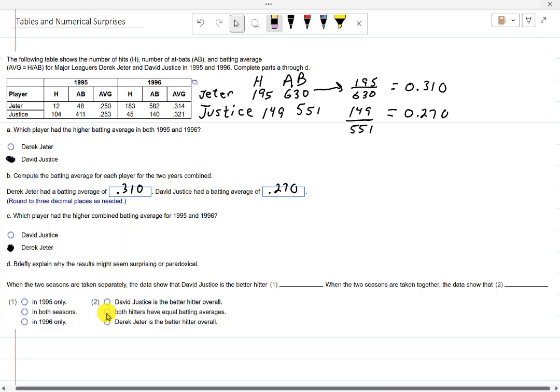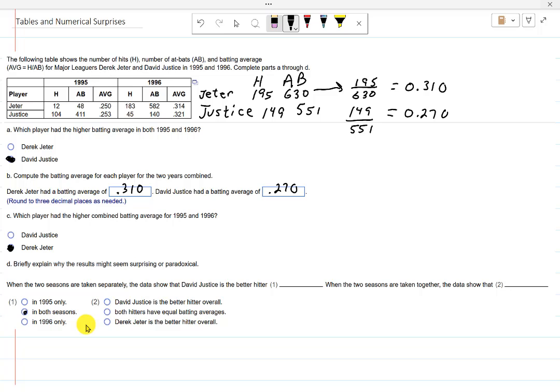So let's see what my options are here. When the two seasons are taken separately, the data show that David Justice is the better hitter in both seasons. We saw that. And when the two seasons are taken together, the data shows that Derek Jeter is the better overall hitter.